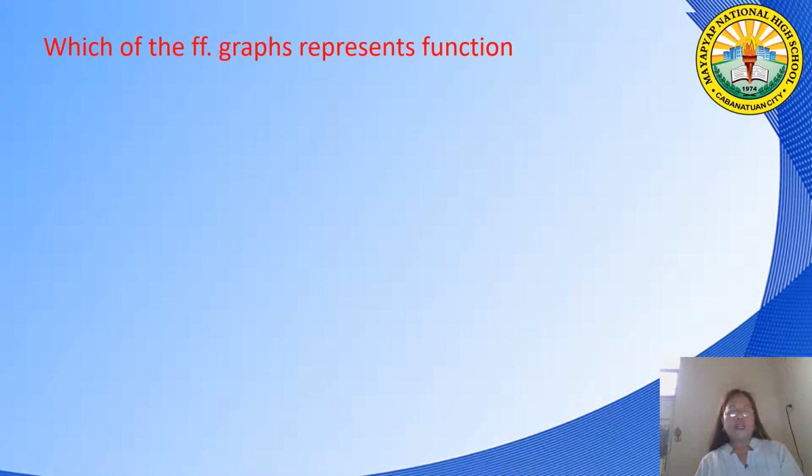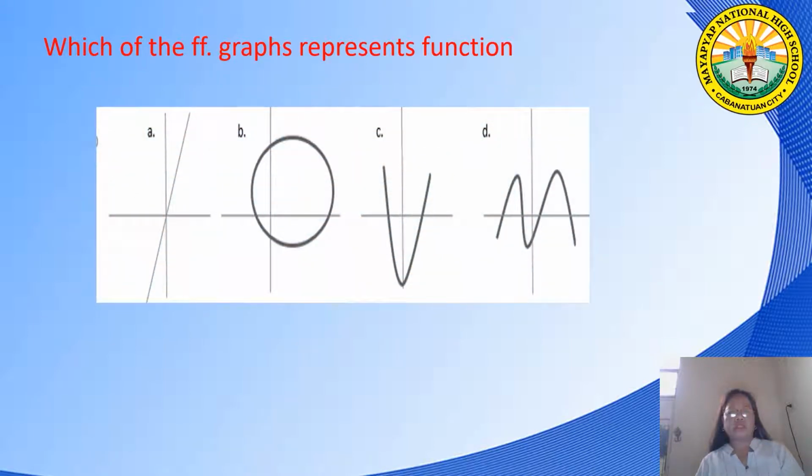Which of the following graphs represents a function? A, C, and D are functions because when you draw a vertical line, it intersects the graph at only one point.